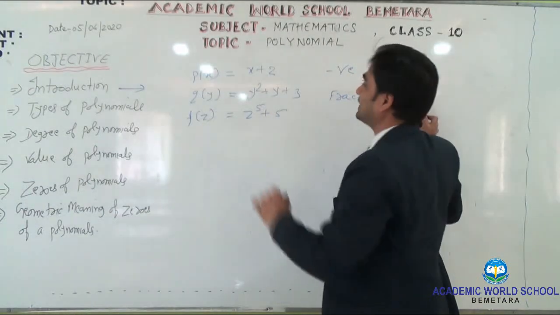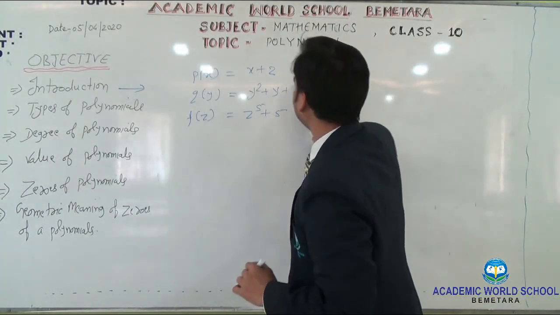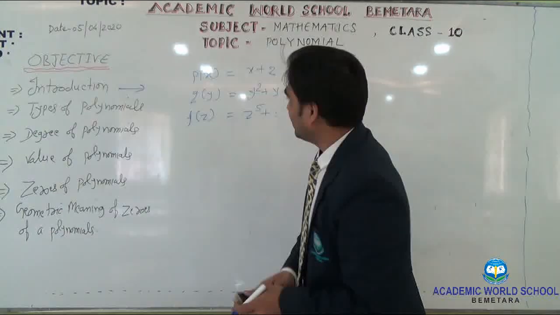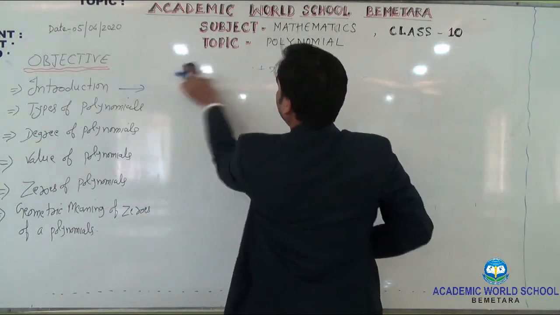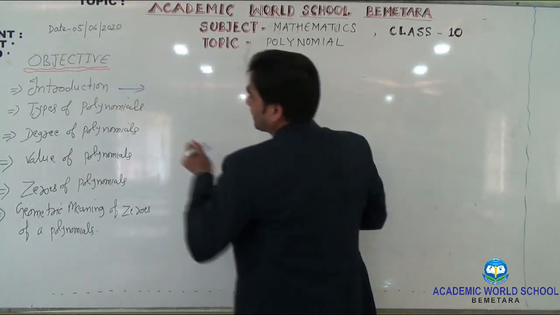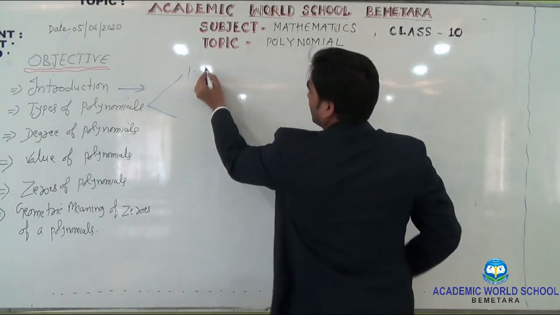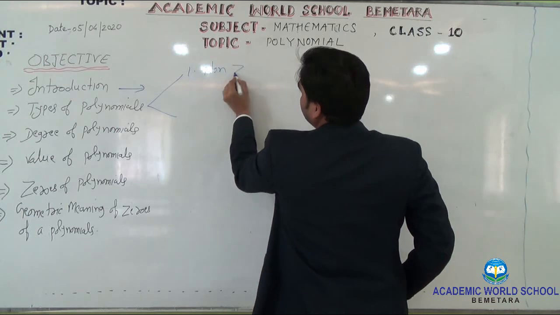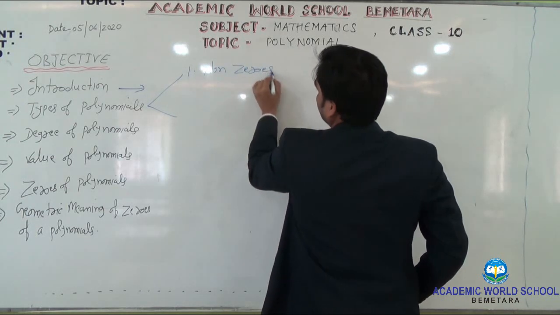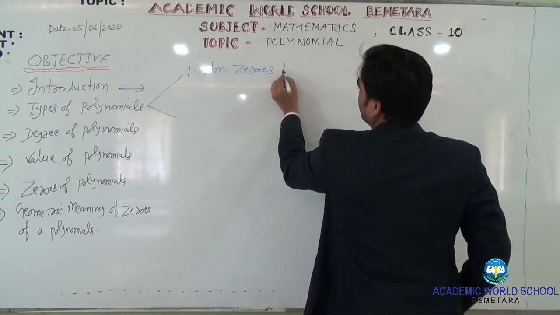Now we will see the types of the polynomial. In the types of polynomial, first we will see the non-zero constant polynomial.